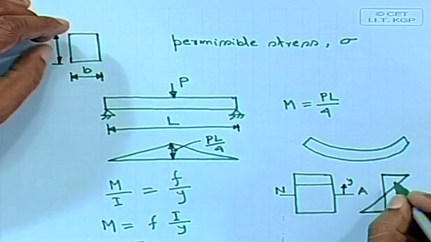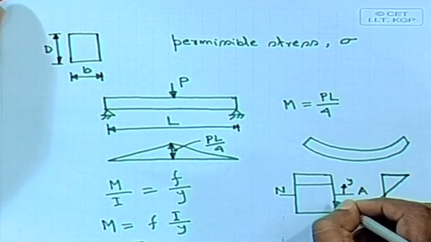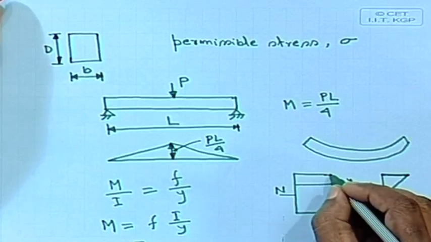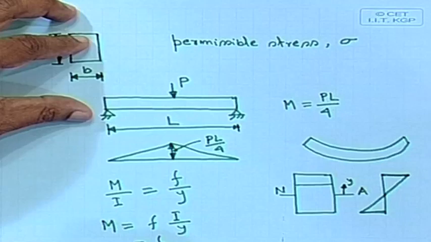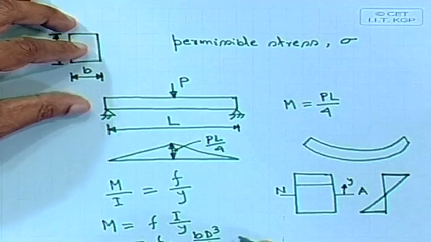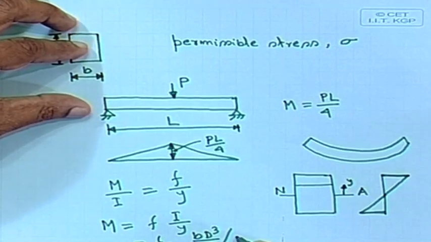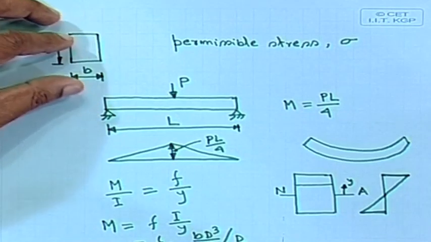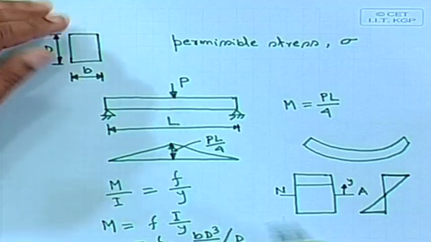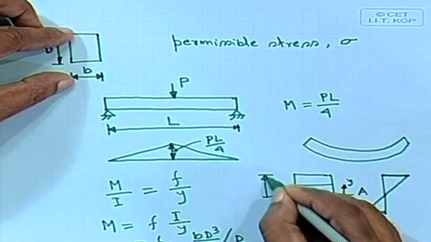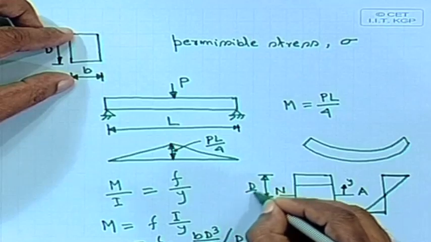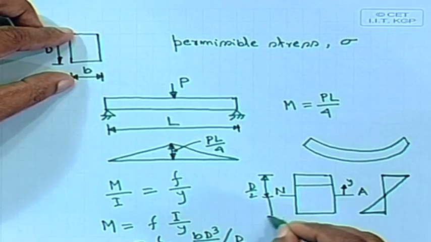If we consider at the top, then F times b d cube by 12, and y is d by 2. Y is d by 2 because we are going from the neutral axis to the top, this is d by 2, and similarly here also d by 2.